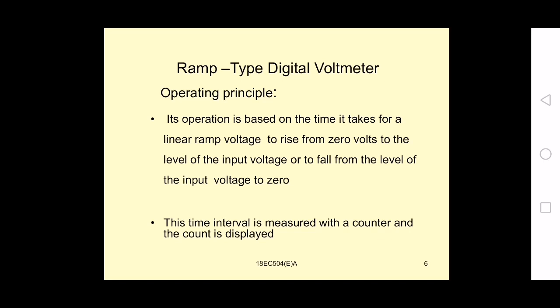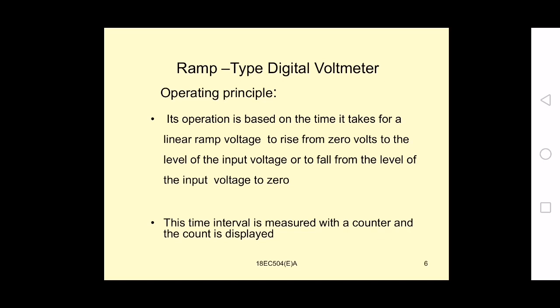This ramp type digital voltmeter is based on the principle that you have the analog input voltage and a ramp type signal. That signal may be either positive slope or negative slope.